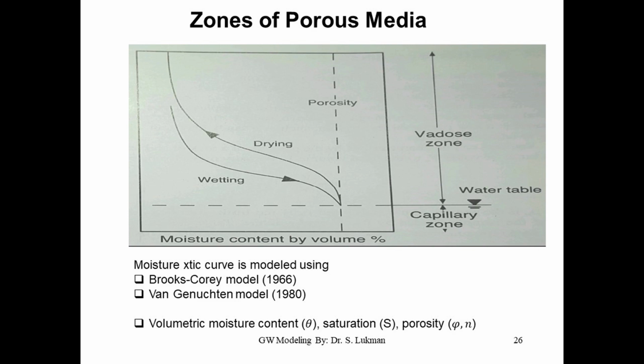You'll agree with me that you can have connected interstices and interstices that are not connected. The connected ones will contribute to groundwater flow. Right? Those that are not connected, that are isolated, that have dead ends, will they contribute to groundwater flow? No.